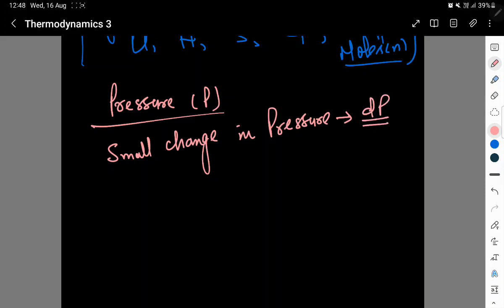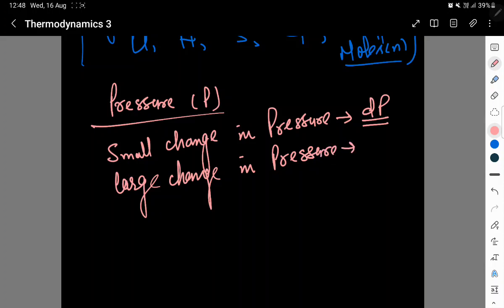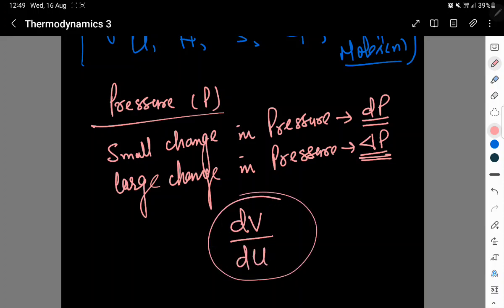And a large change in pressure will be represented by delta P. So if we want to represent a small change in volume, we will write dV. Change in internal energy, dU. We can write in this way.